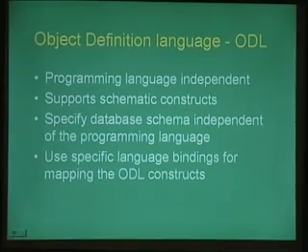Note here that the database schema is actually a graph of different objects belonging to different classes and their relationships. So it can specify a database schema that is also independent of the programming language, and it has interfaces with specific languages like C++ and Smalltalk, where you can use language bindings for mapping the ODL constructs.